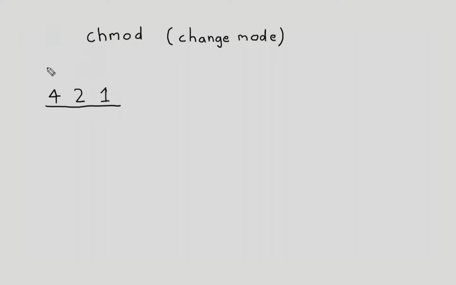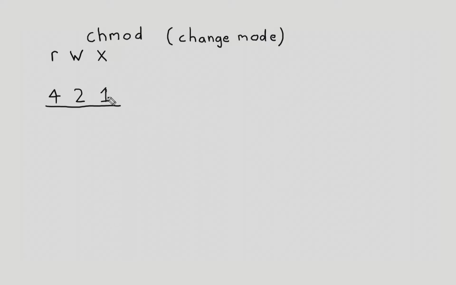And we talked before how there's basically three different permissions, right? There's read, there's write, and there's execute. And in previous classes, if you're familiar with counting in binary, we know that we count in binary from right to left in powers of 2.